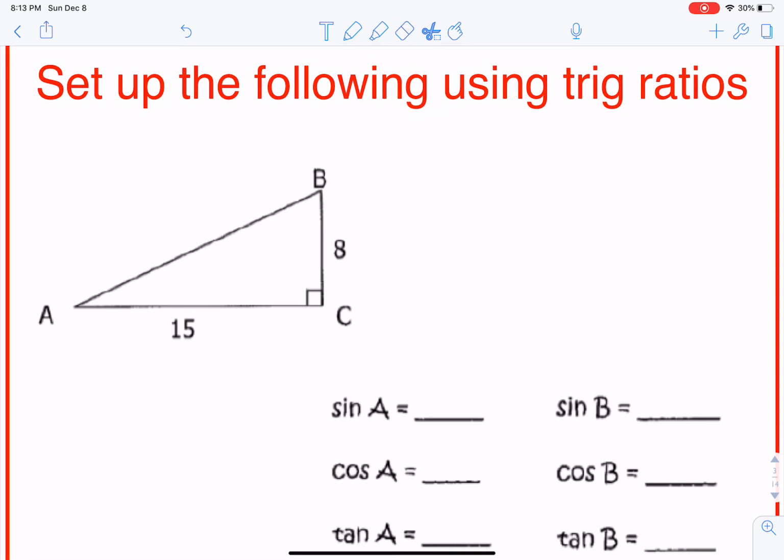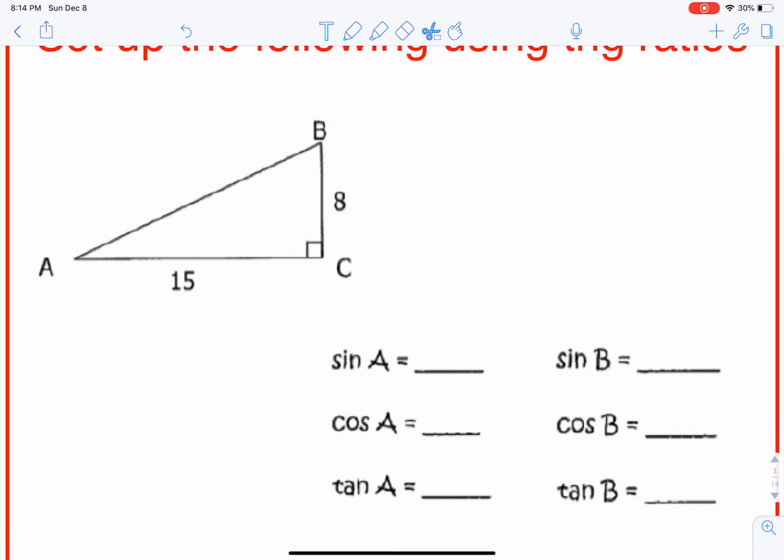So let's set up these problems using the following trig ratios. I don't know any of these angle measures, so I'm just going to fill in here. So here is A. Let's go back to my pen. For angle A, this side is my opposite side. This side is my adjacent side.